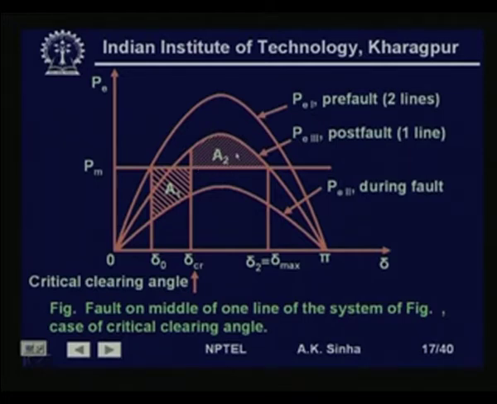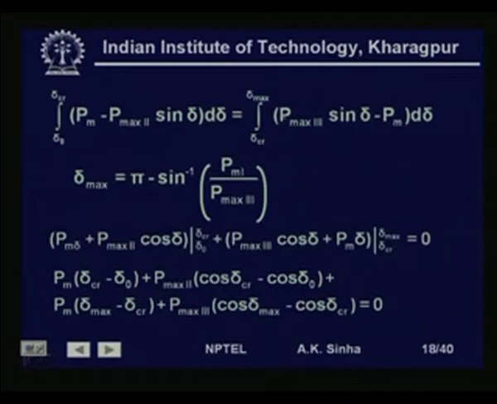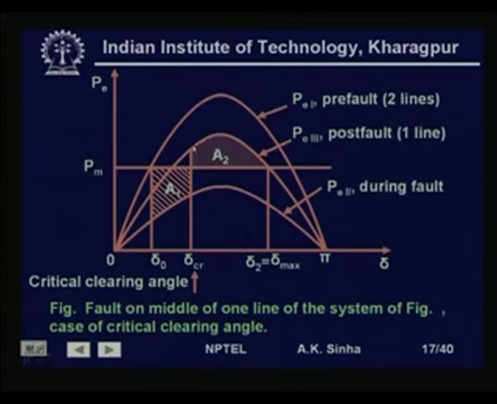So, this is what we are writing here, integral from delta Cr to delta max Pmax3 sin delta minus Pm d delta, that is Pmax3 sin delta is giving this characteristic, minus Pm.